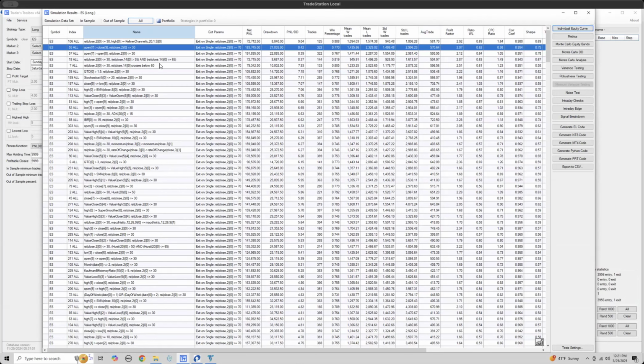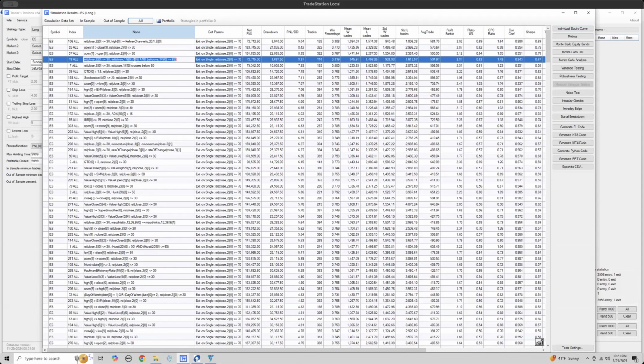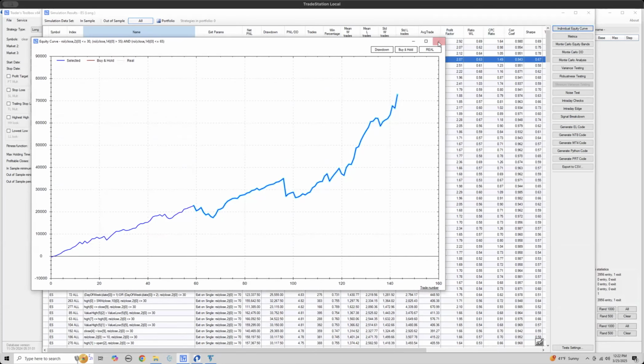Well, we can just keep going on down here. Here's an interesting one. It's using RSI in a very unique way. It's comparing a 14 period RSI and another 14 period RSI. In other words, it looks like it's looking for an RSI on a 14 period to be within a certain band. And that's producing an equity curve that looks like this.